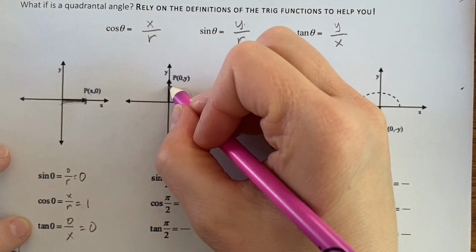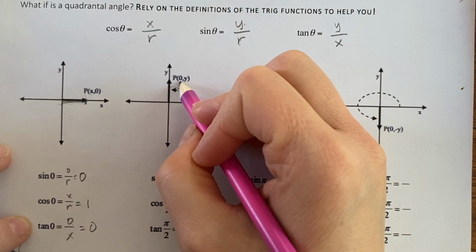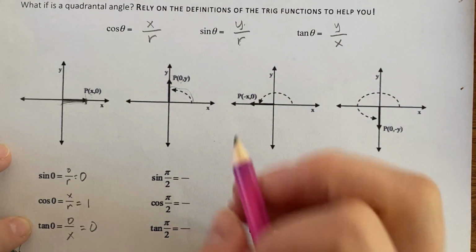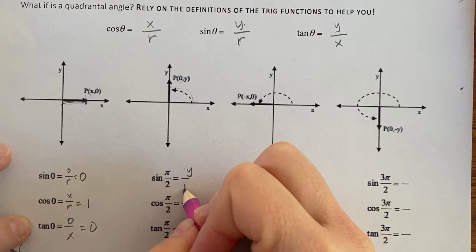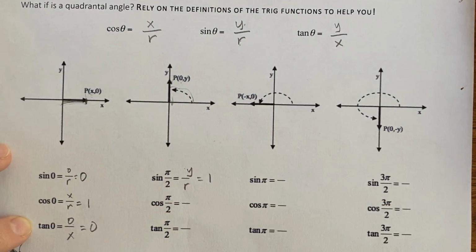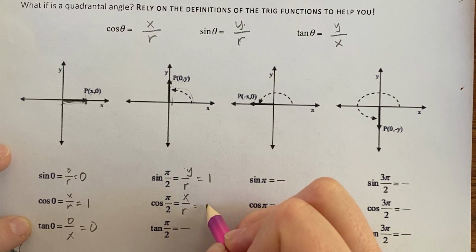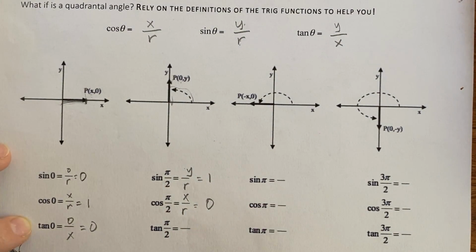Now, if we do a quarter rotation, we are now at the point over 0 up whatever y is. So now y, the sine is y over r, which in this case, these are the same, which would reduce to 1. The cosine, x over r, x is 0, will reduce to 0.